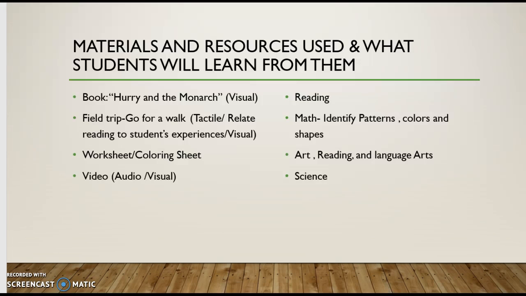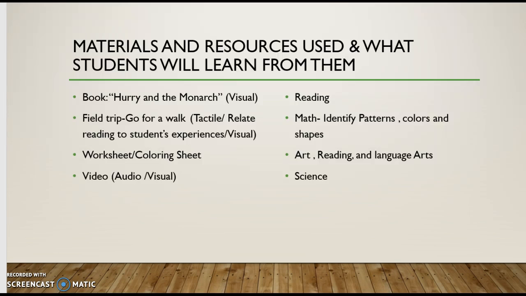So the materials that we're using in the whole lesson and the resources and what the student will learn from, we have the book with Hurry and the Monarch, which is visual and audio because they're going to listen to the story. Then they'll be learning a reading skill, or being read to. Then they'll go on a field trip where they go for a walk. That's a tactile, relate reading to students' experience in visual learning.